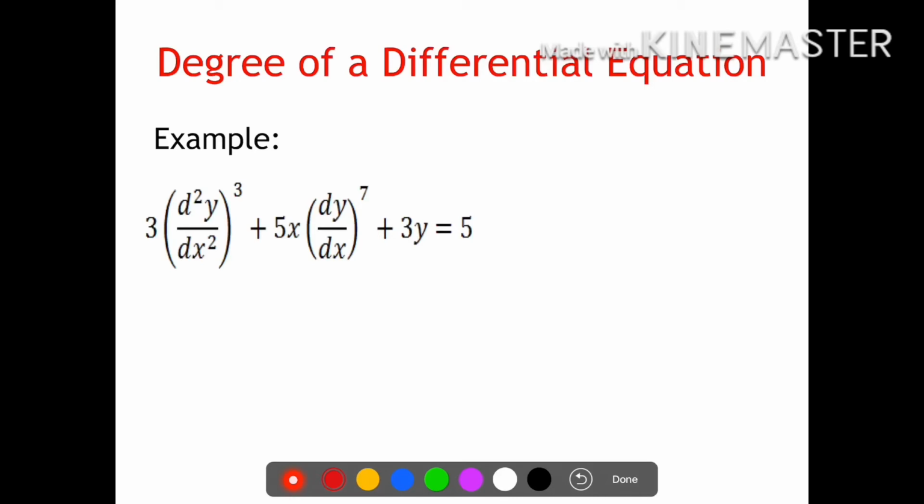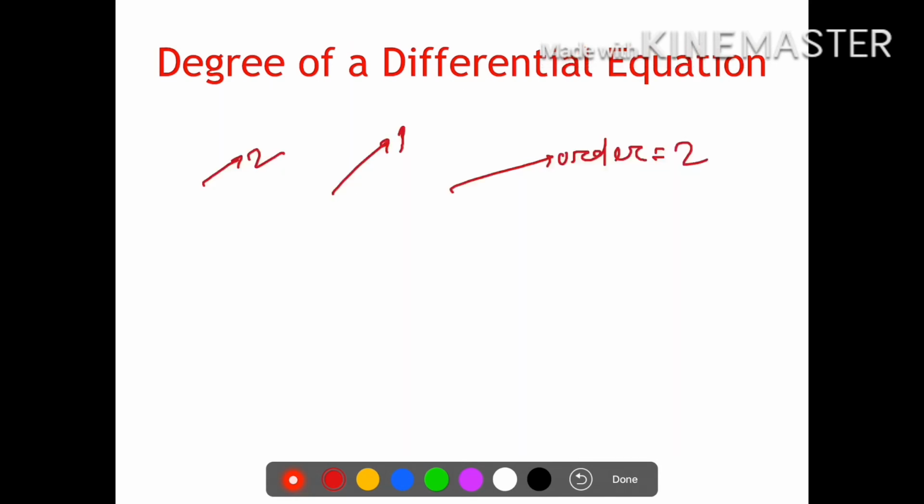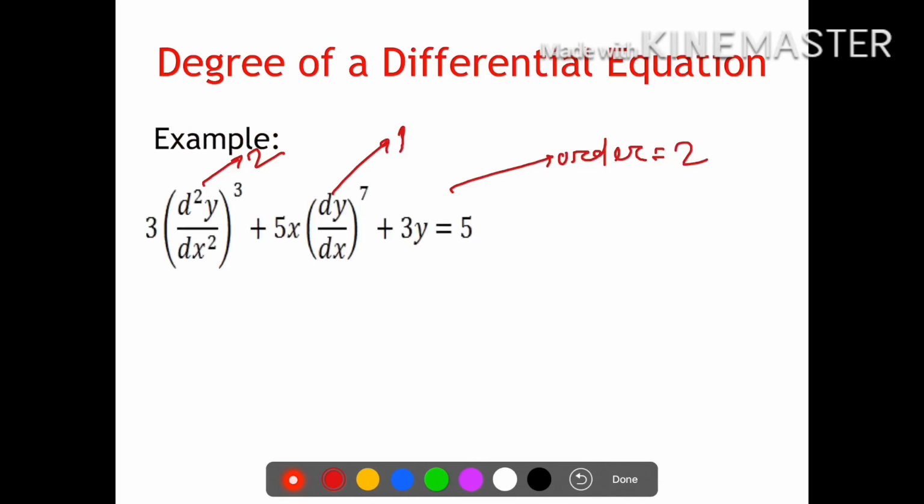Clearly, here this term is differentiated 2 times and this term is differentiated 1 time, hence the order of this differential equation is 2. Now as I told you, the term which gives you the order of the differential equation will give you the degree of the differential equation.